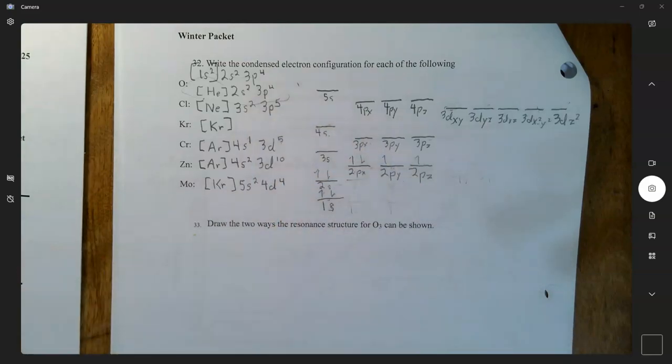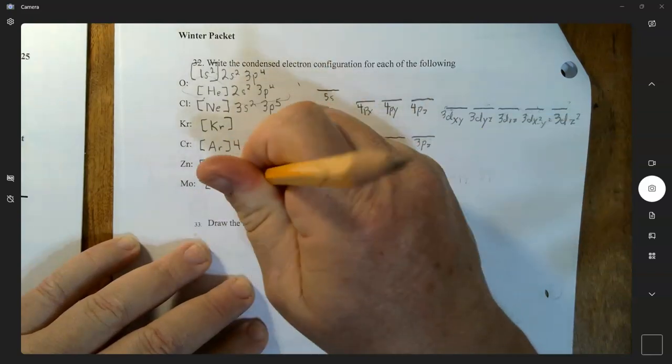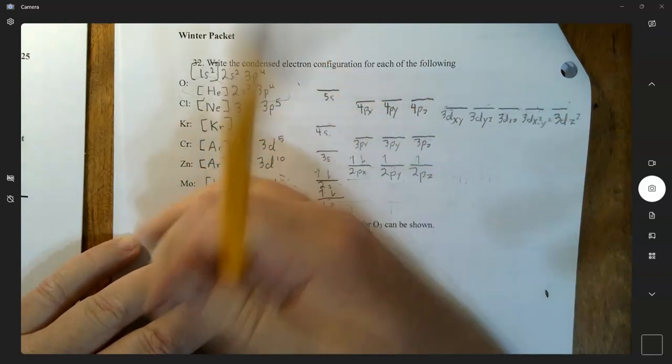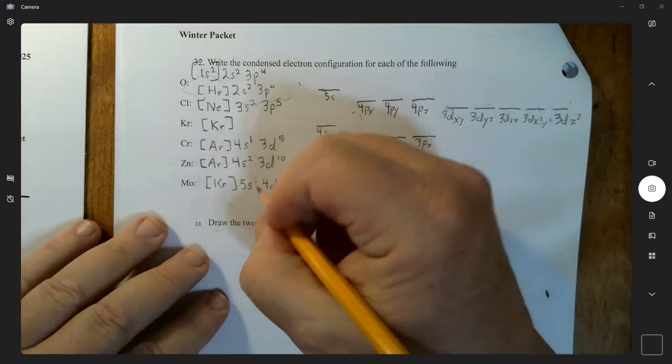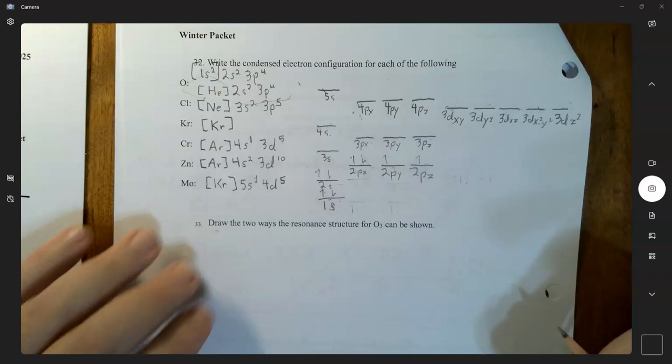Okay, and you don't have to do what I'm doing, but I'm going to erase it and change it. That's the way you would think it would be, what I just had. Now it's 5s1, 4d5, so it's a half-filled subshell.